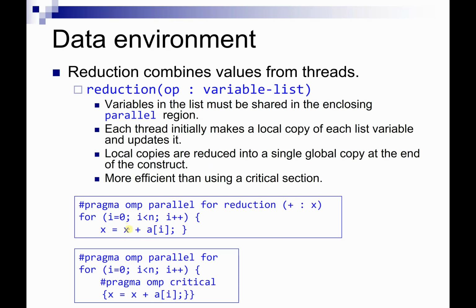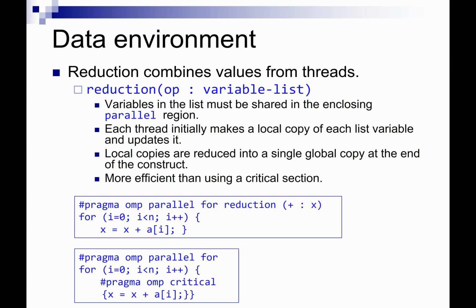At the end of this process, after a thread has gone through all of its iterations, so it was assigned some of the iterations of the for loop, and after it's done with all those iterations, its value of x will be the sum of the parts of a that it was assigned. So each of the threads is going to end up with part of this overall sum of a. And now this reduction plus means that you want to take these private copies of x and add them all together.